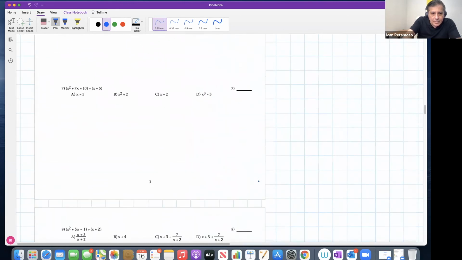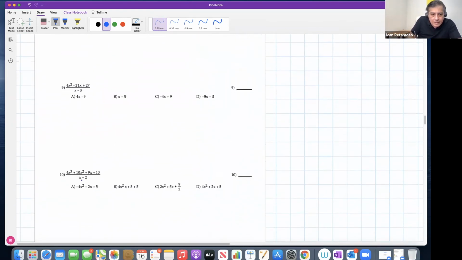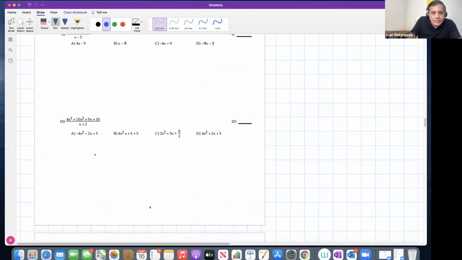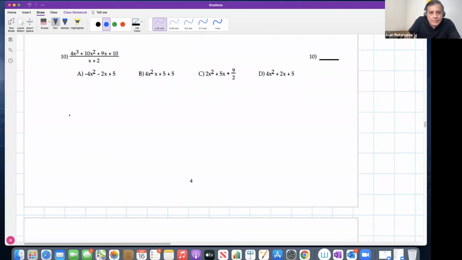Suppose they ask you to do this via synthetic division. So try this, please, guys. Synthetic division is quick, don't worry.